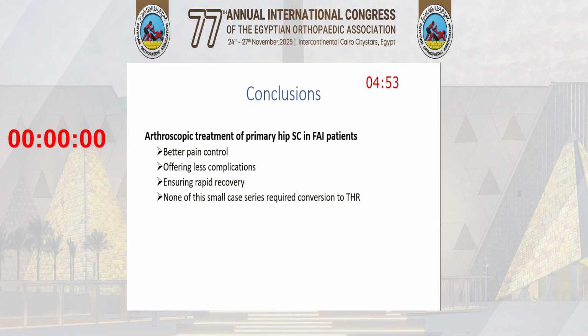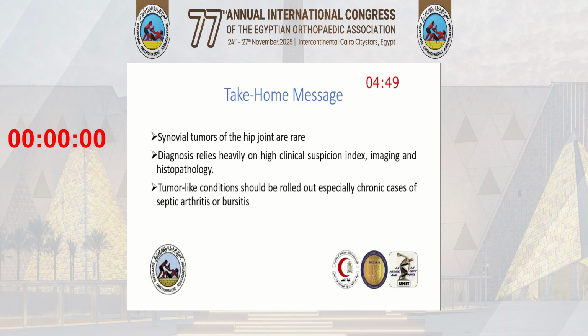Maybe none of this small series requires conversion to total hip replacement. So the take-home message is that synovial tumors of the hip joint are rare. Diagnosis relies heavily on clinical suspicion, imaging, and histopathology. Tumor-like conditions should be ruled out, especially chronic cases of septic arthritis and bursitis. Thank you.